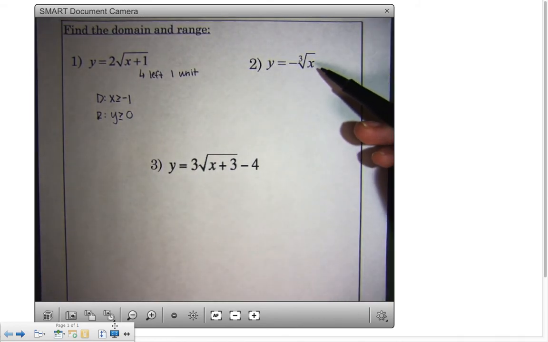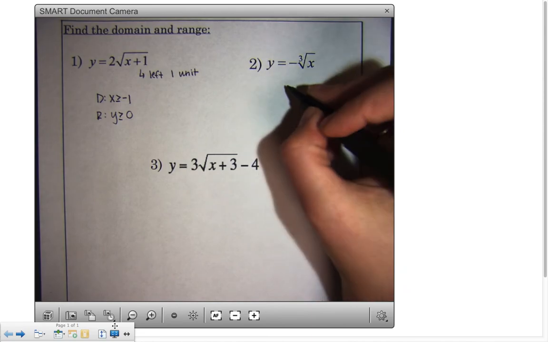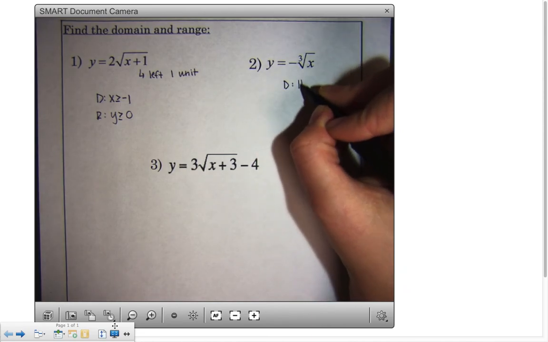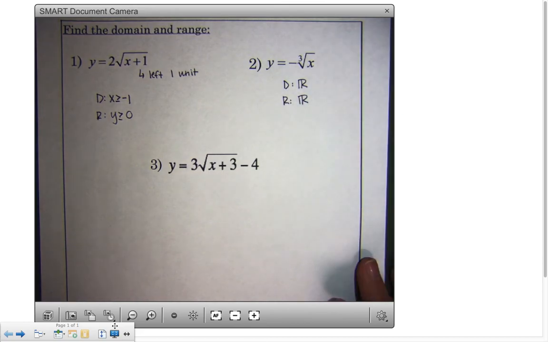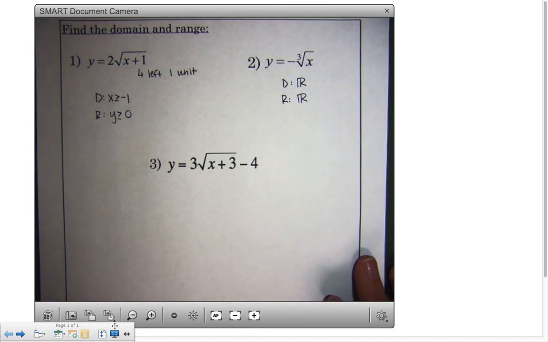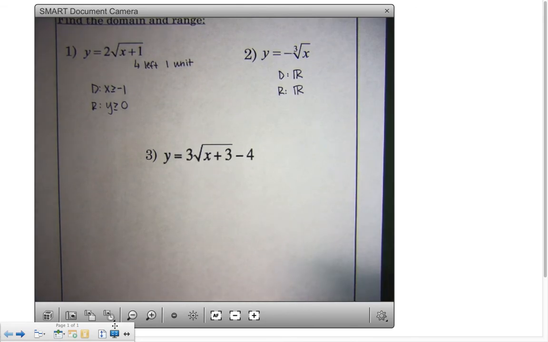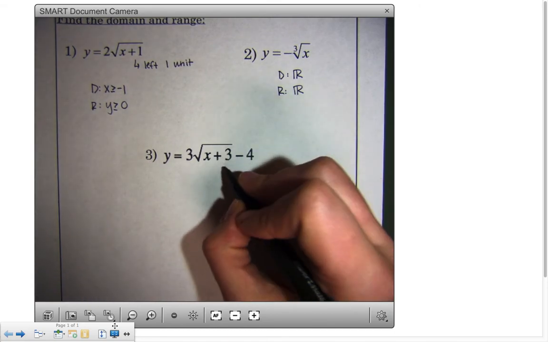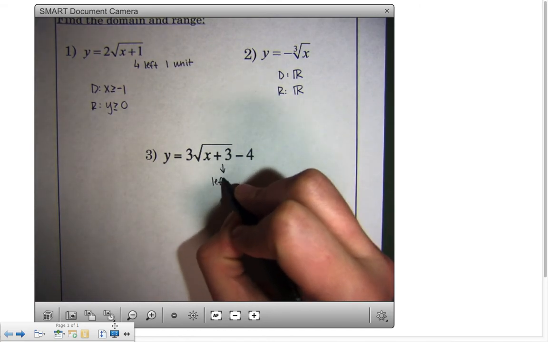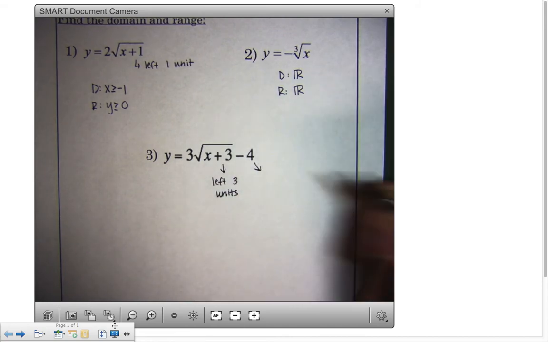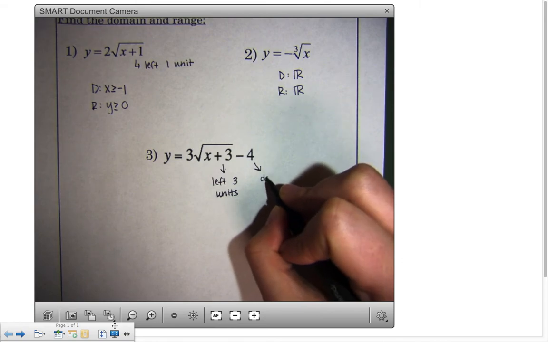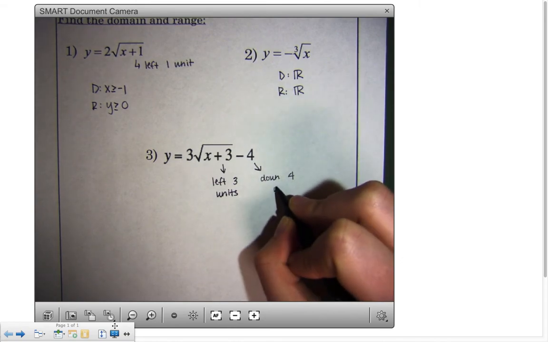No matter what you do to the cube root function, the domain and range don't change. So even though I've reflected that one, the domain and the range are still all real numbers. On this last one, we're adding 3 inside, which means we're shifting to the left 3 units. And we're subtracting 4 at the end, which means that we're shifting down 4 units.